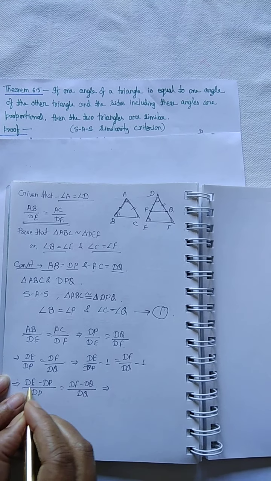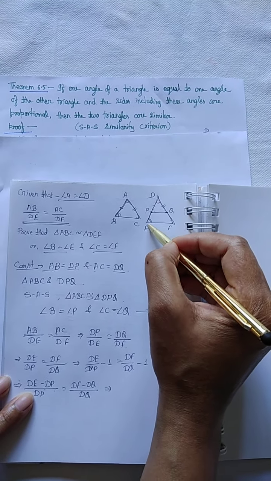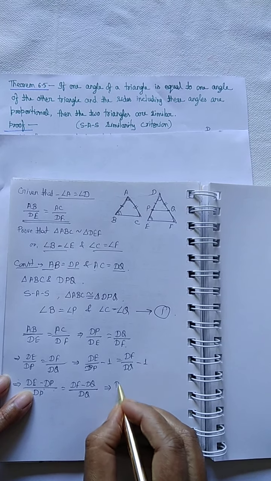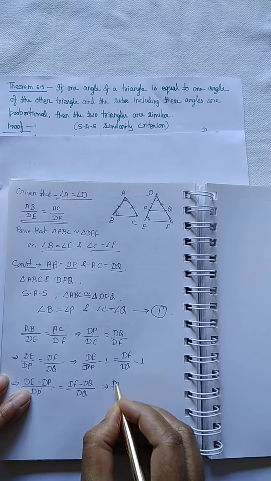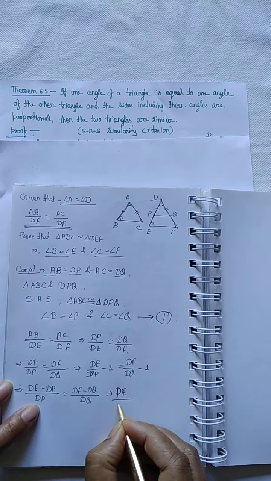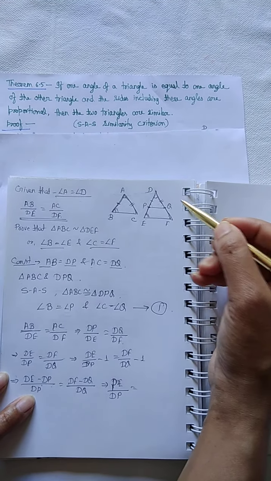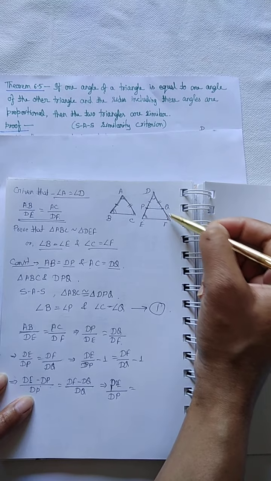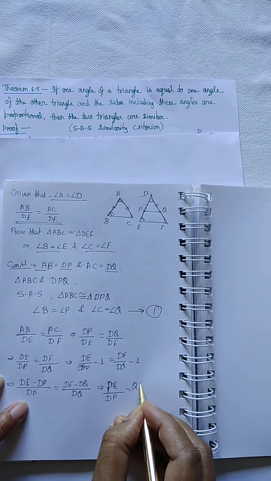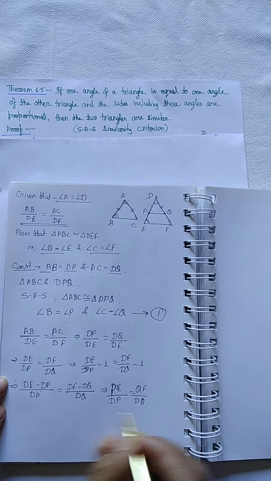Okay. So what is DE minus DP? DE minus DP is PE, so PE by DP equals DF minus DQ. DF minus DQ is QF. So QF by DQ.